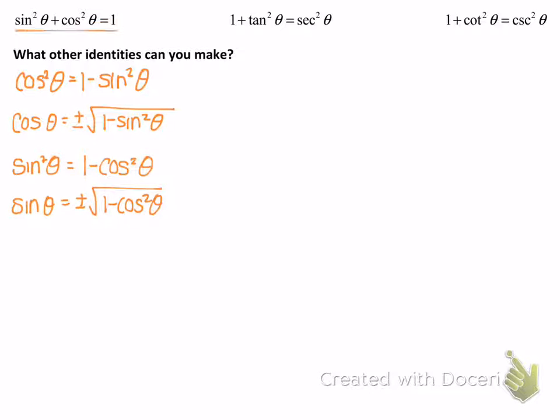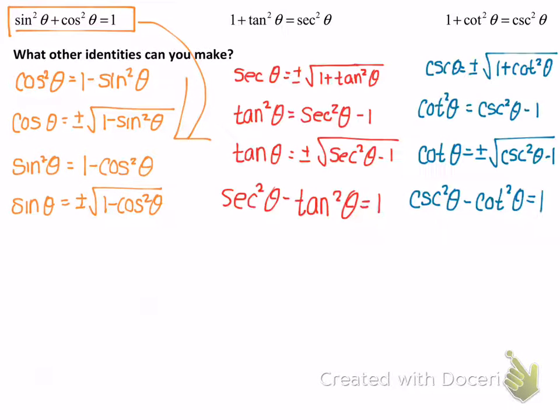So just from this one identity that we found above, we can now make 4 more from that. And we can do the same thing with the rest. So here are all the other identities that we can make from the 3 that we found before.